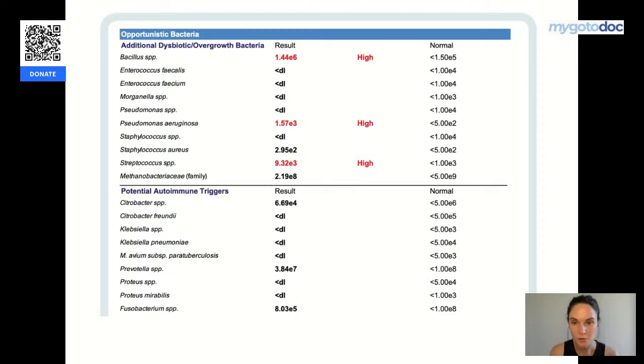So Streptococcus, again, is also high. It's a gram-positive bacteria. It lives in the mucous membranes and the skin. High levels result from a low HCl, the use of acid reflux medications such as PPIs, SIBO, or maybe constipation could also be a cause of this. So elevated levels do indicate intestinal inflammation.